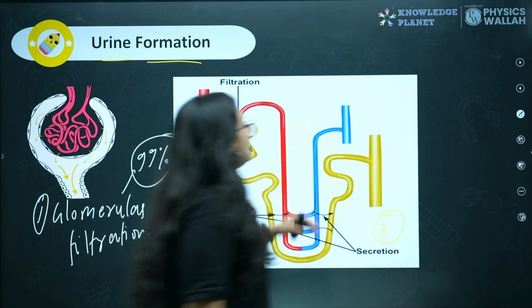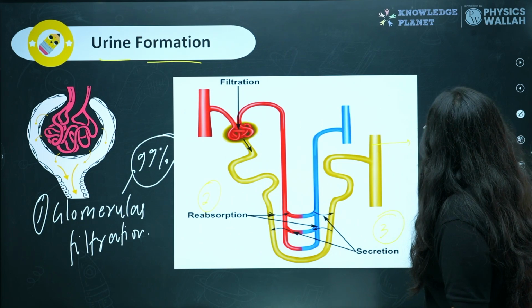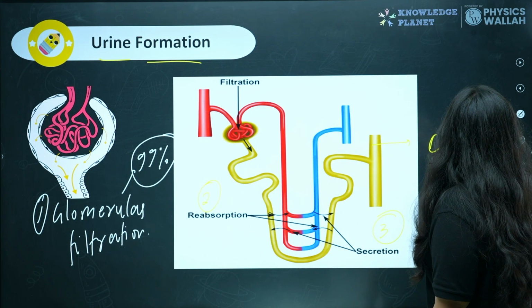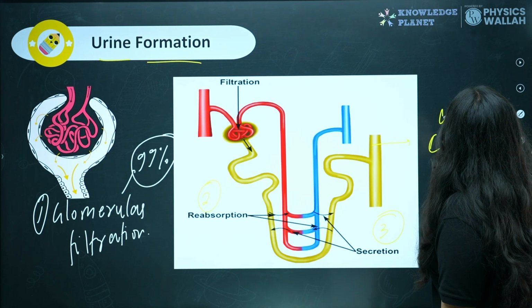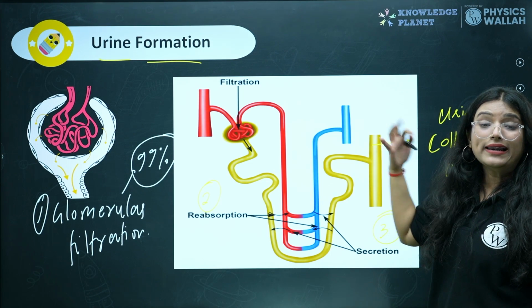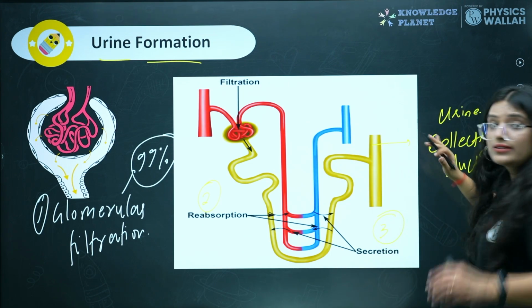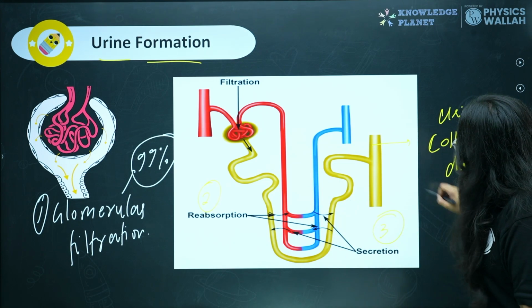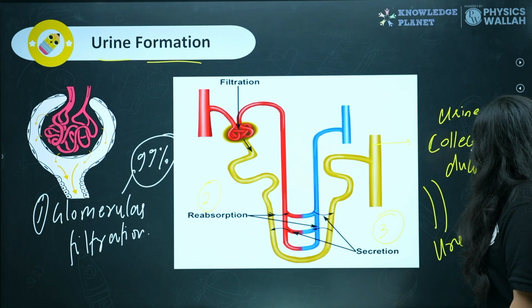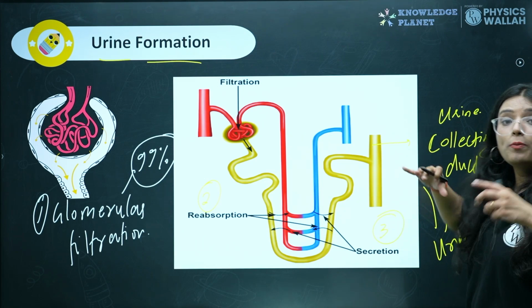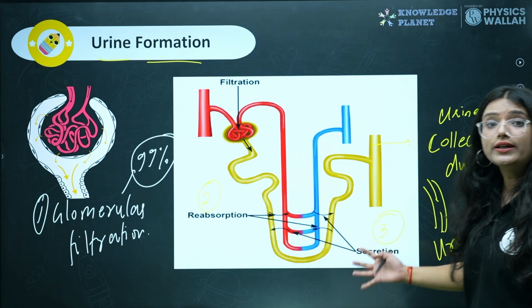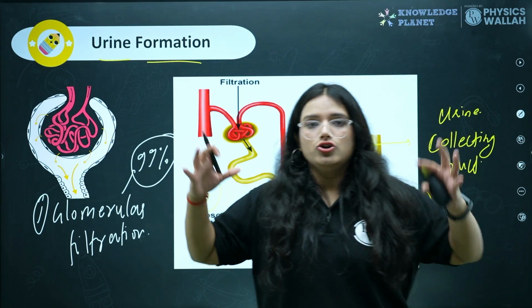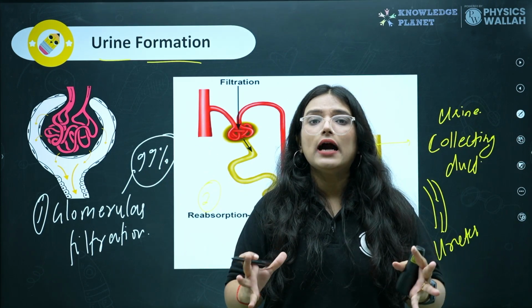Finally, there is a collecting duct in which the urine is formed and collected. Several collecting ducts open into the ureter, which carries this urine down towards the urinary bladder. Now your urinary bladder starts filling up.